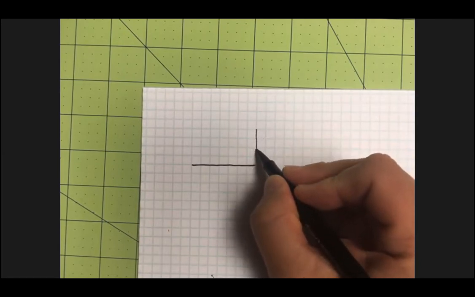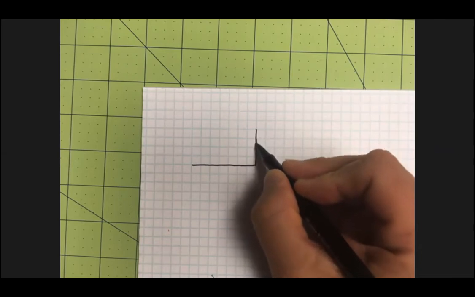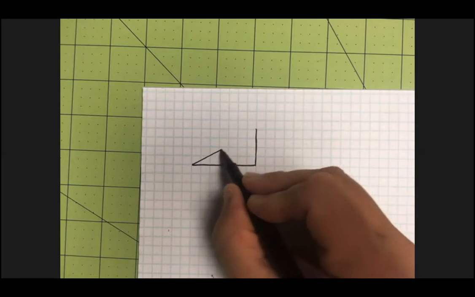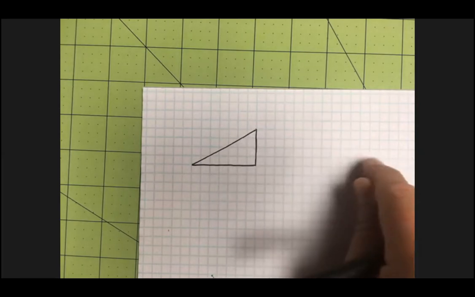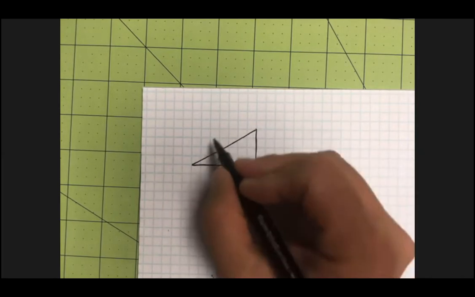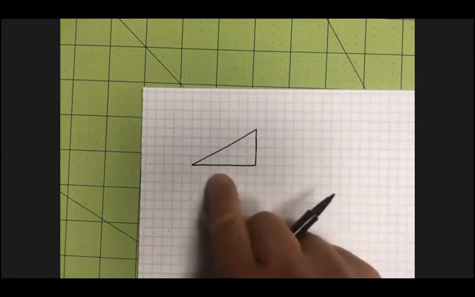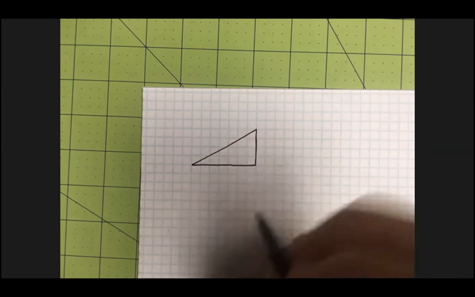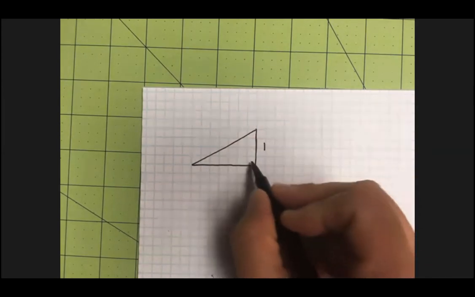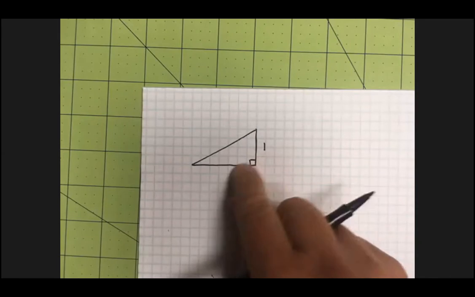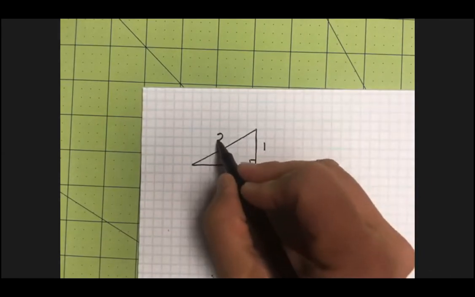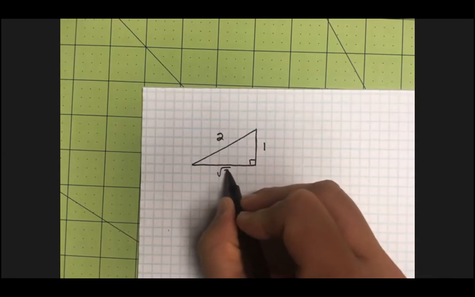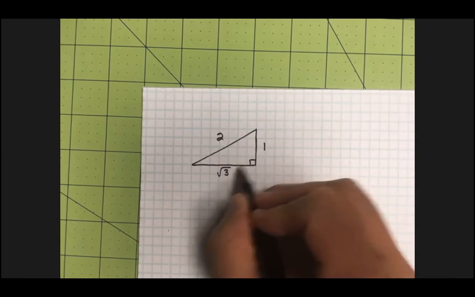Remember I told you, and Austin actually went and verified it last time, that if you want to draw a 30, 60, 90 triangle, he did it with the 15, 75, 90 triangle, that it's pretty fair to just draw 7 boxes by 4 boxes. That's within a quarter of a degree of the truth. And we learned that the ratio of sides is hypotenuse is twice short side, and long side is root 3 times short side. Long leg is root 3 times short leg.